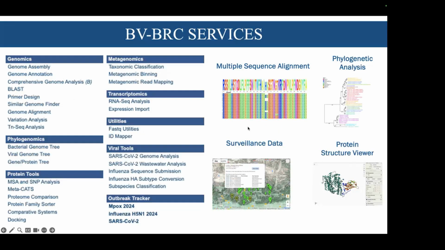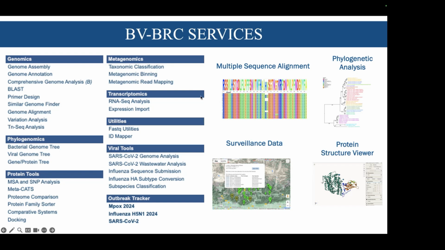So I wanted to highlight all of the BV-BRC services. We're going to go into some of these in more detail today, but by and large, we have services that span genomics, phylogenomics, protein tools, metagenomics, transcriptomics, utilities, some viral-specific tools, and then all of our outbreak tracking.